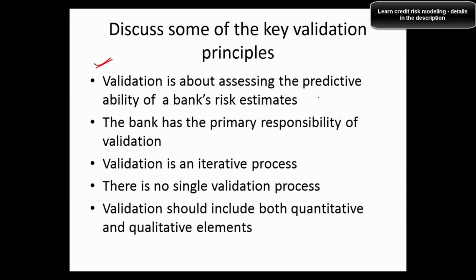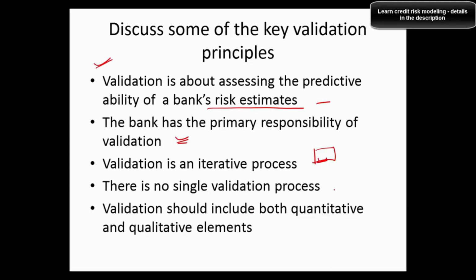Validation is about assessing the predictive ability of banks' risk estimates. The bank has the primary responsibility of validation. Validation is an iterative process. Important, right? It's not a one-off process. It's not a science, so to say. It's a combination of science and art, where you can actually impress regulators by being very thorough with the different iterations and making sure that the final report is robust enough.